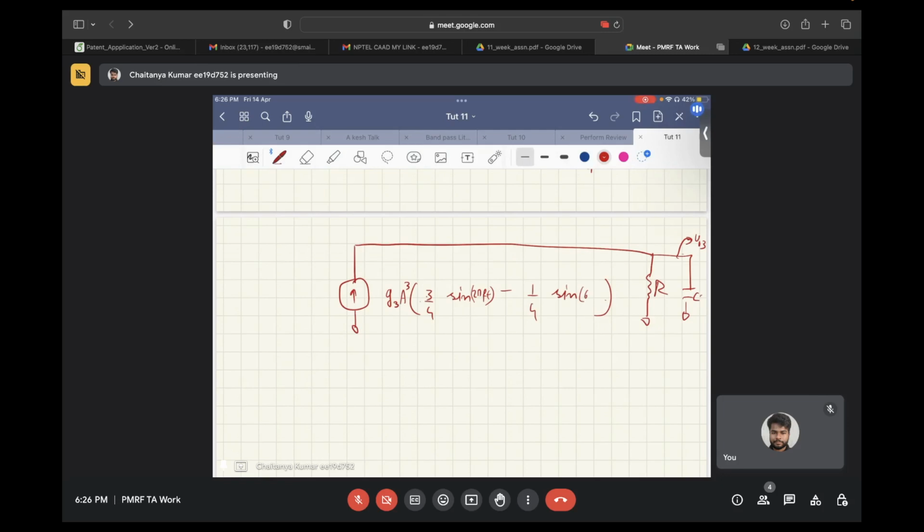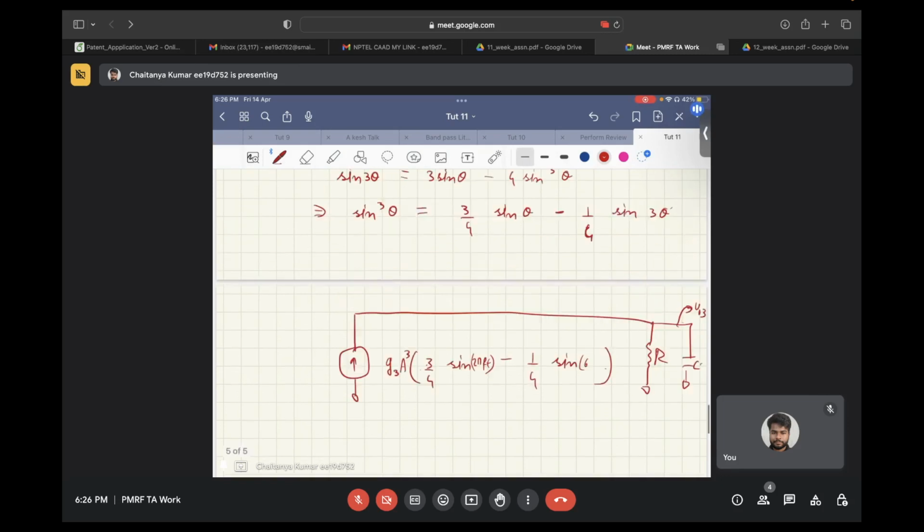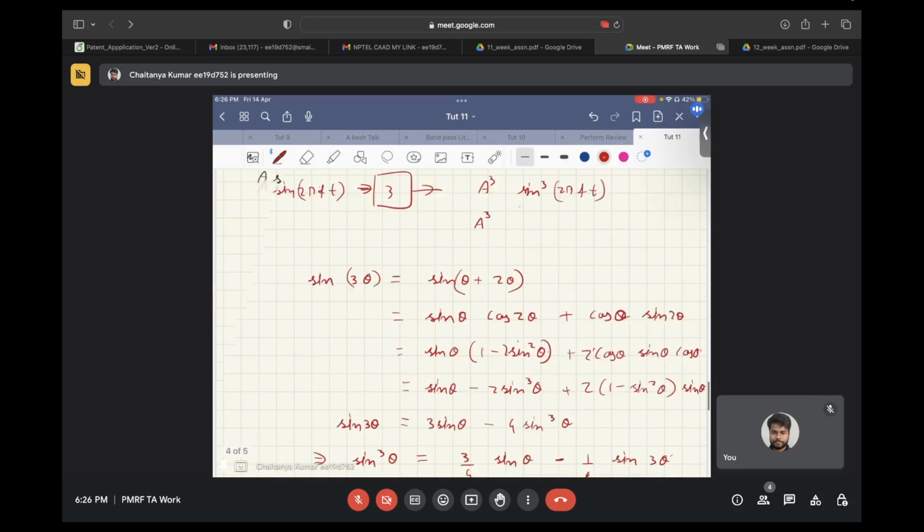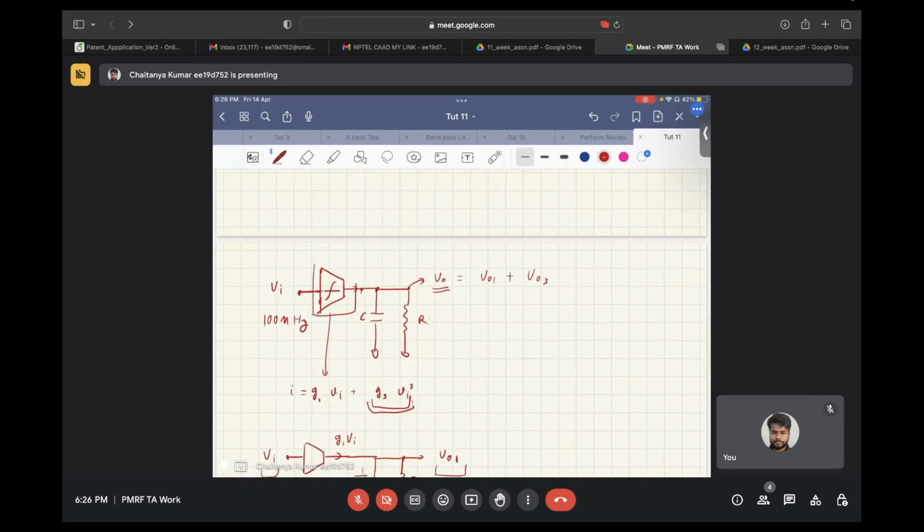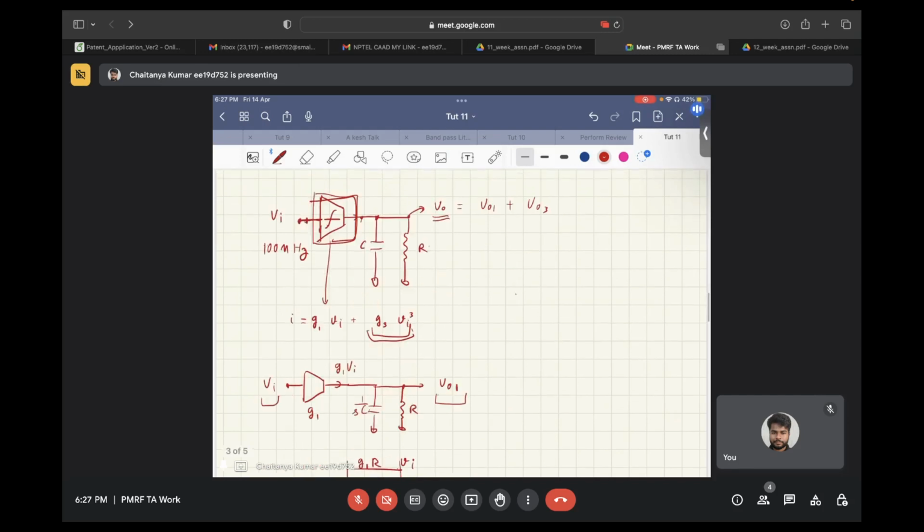You need not do all this. This is for paper analysis. You don't need to do it in LT Spice. What you only need to do in LT Spice is make this circuit using an arbitrary behavioral current source. There are components that can give you input square, input cube, all those terms, right?